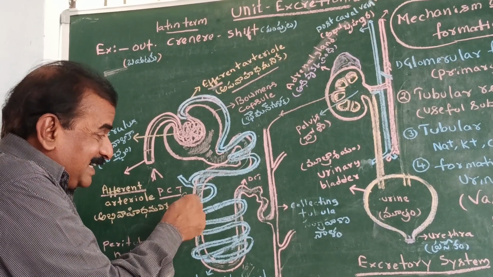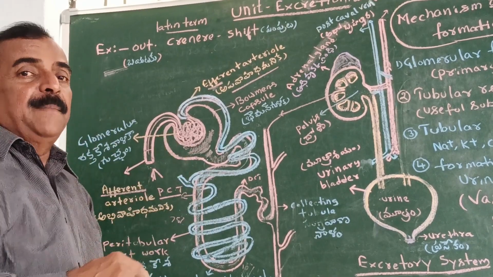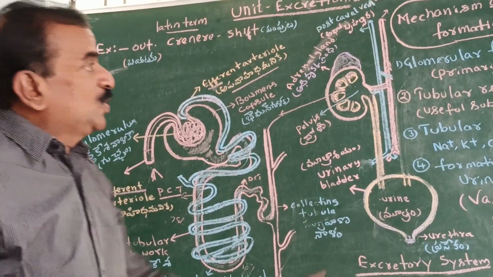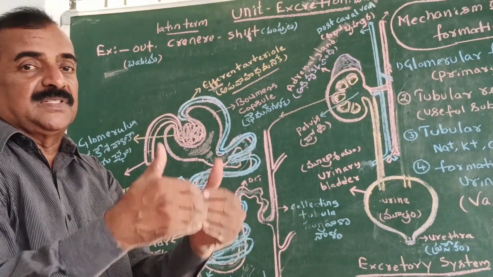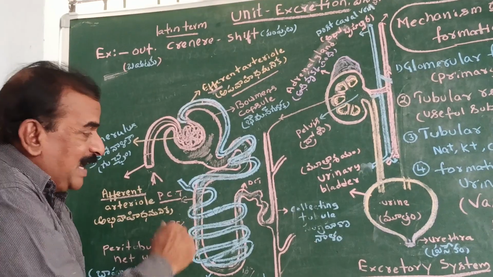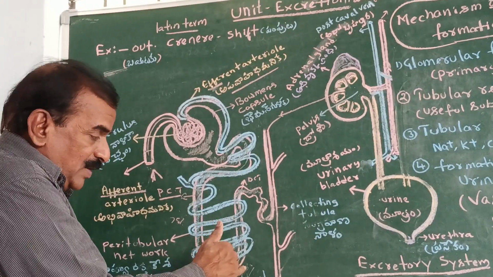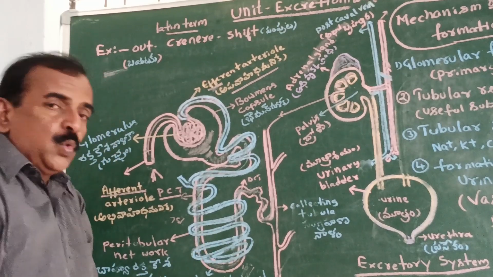All these are reabsorbed in the PCT with the help of the peritubular network. That is important. So tubular reabsorption takes place. Useful substances are reabsorbed, and after that, waste materials with water enter the loop of Henle.